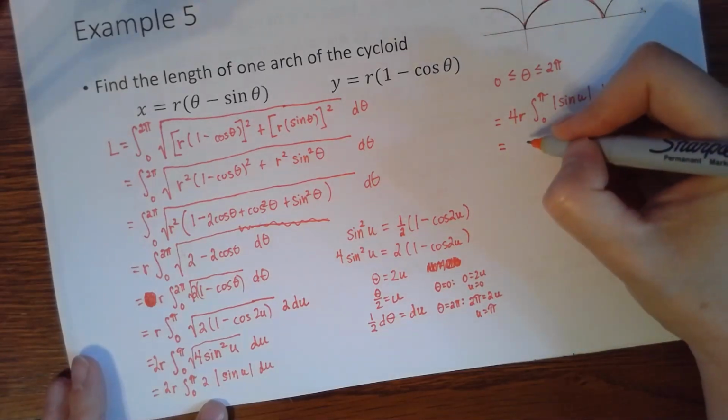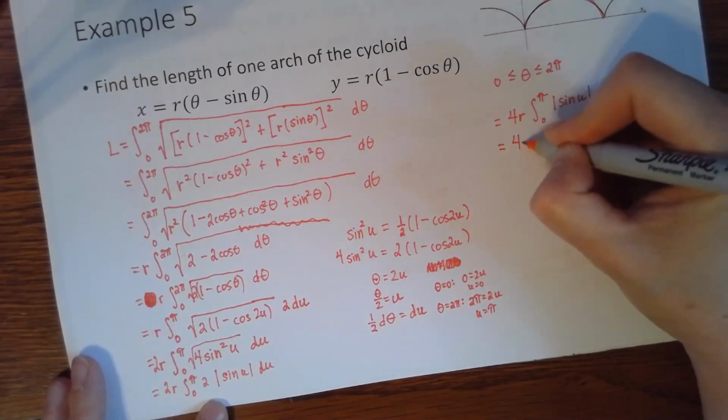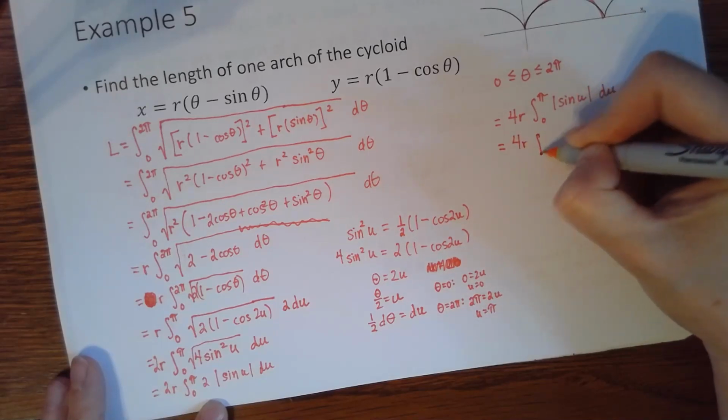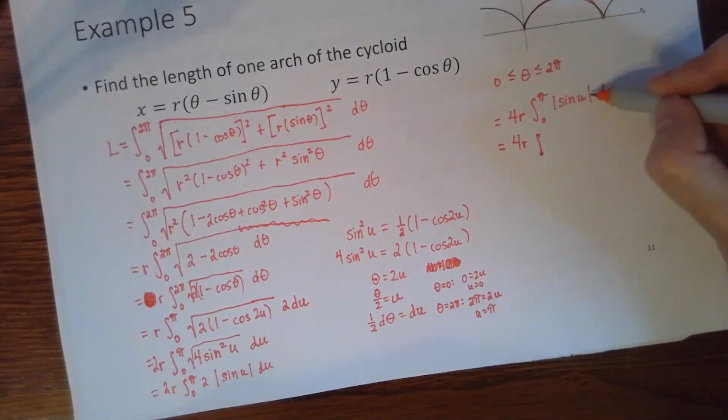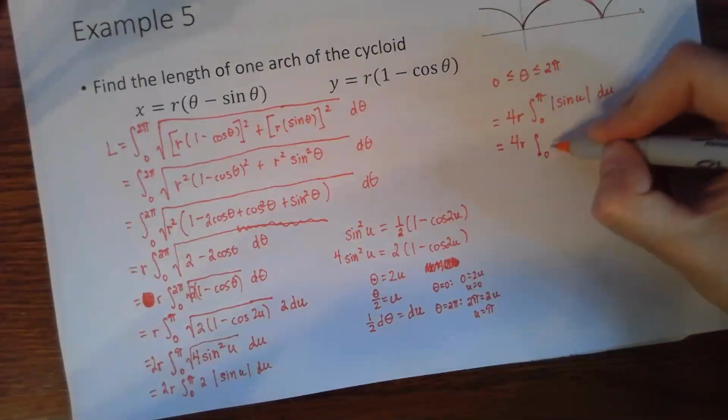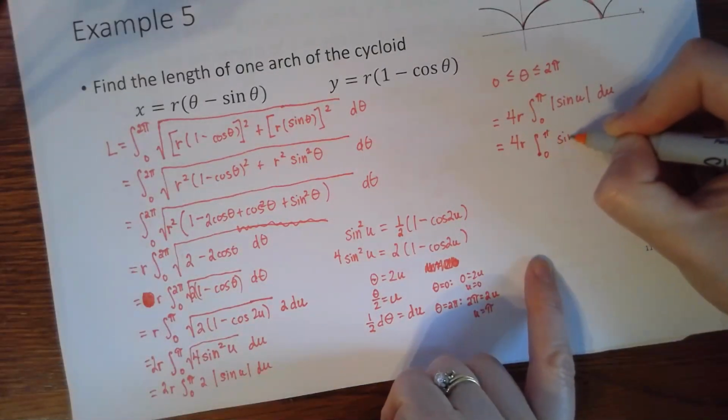From 0 to pi, the sine is always positive, so I can take the absolute value bars away.